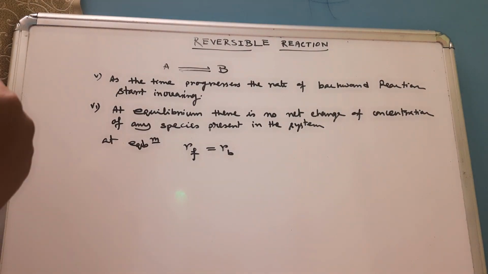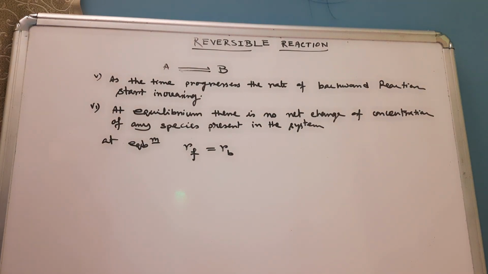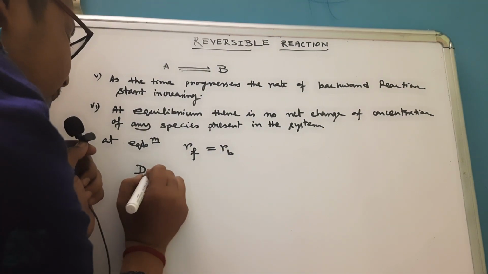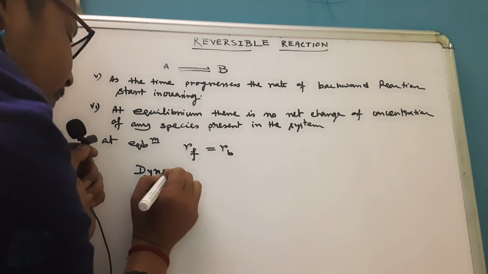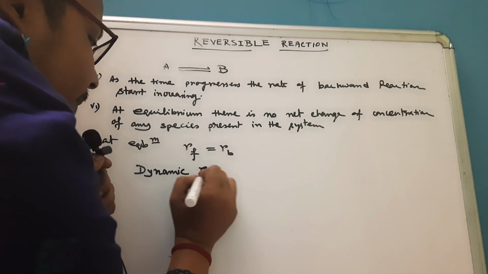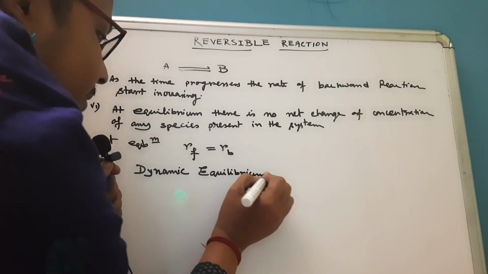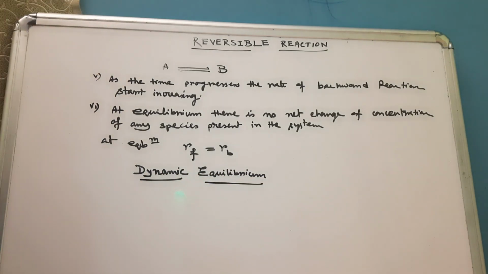So at equilibrium there is no net change of the concentration of any species present in the system. Such a type of equilibrium is called dynamic equilibrium. I repeat: in dynamic equilibrium, at the stage of equilibrium, all participants of the reaction are being formed as fast as they are being destroyed.